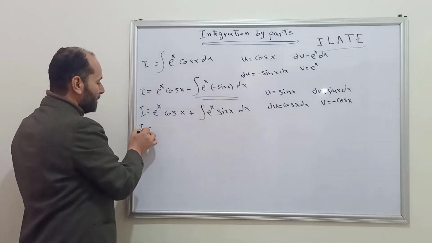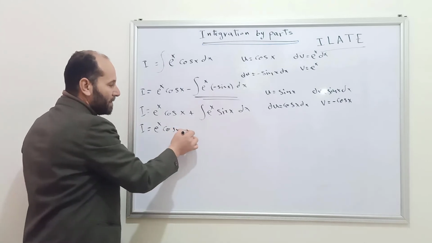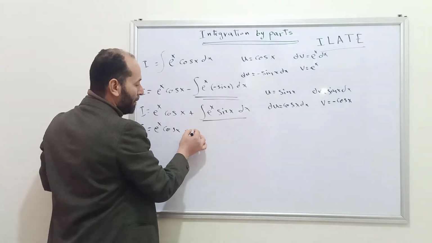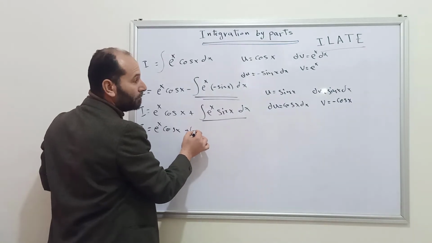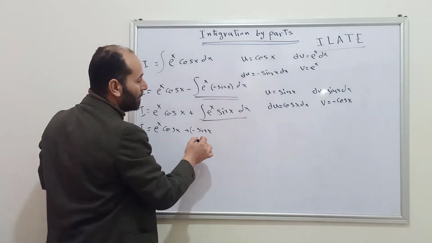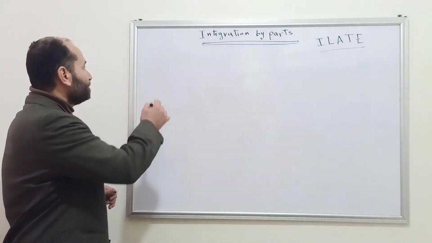I equal e power x cosine x here plus this integration equal uv, negative sine x dx. Let's take another example.